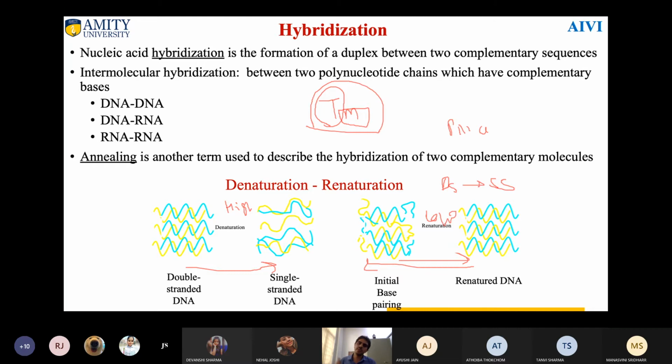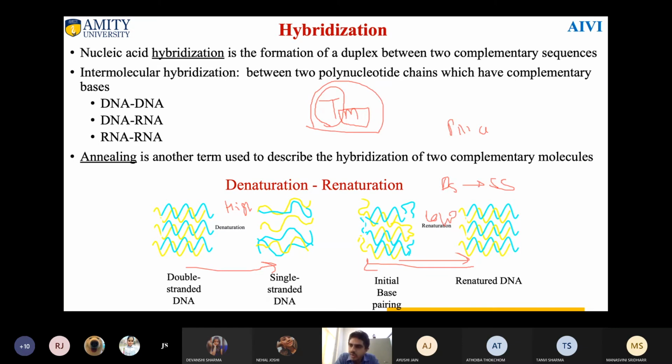If your temperature is below the temperature of melting, there is going to be more annealing, more double-stranded DNA. But the temperature of melting is defined as the temperature at which half of your DNA strands get renatured.